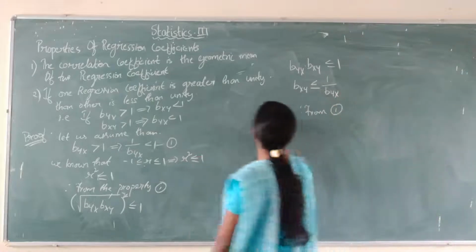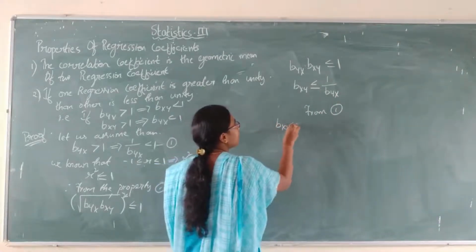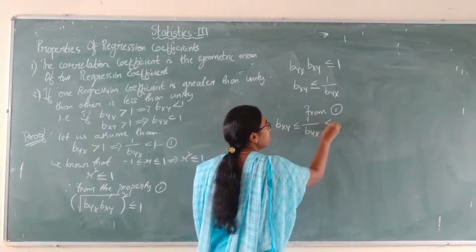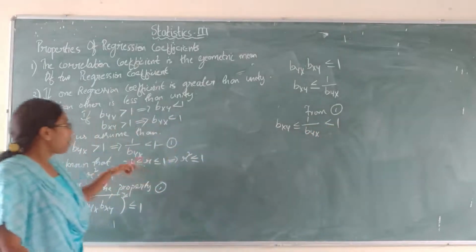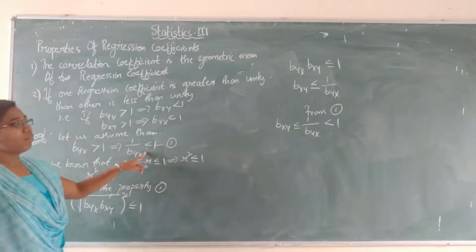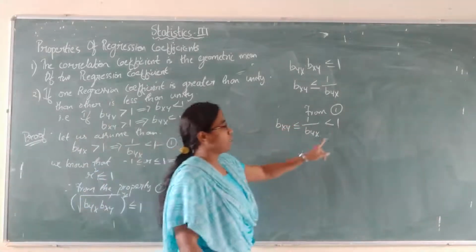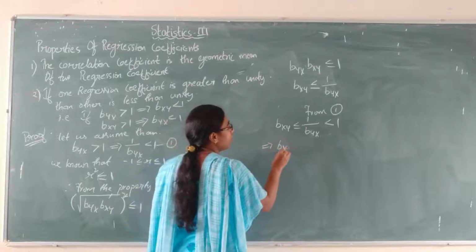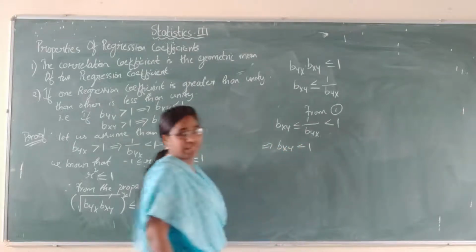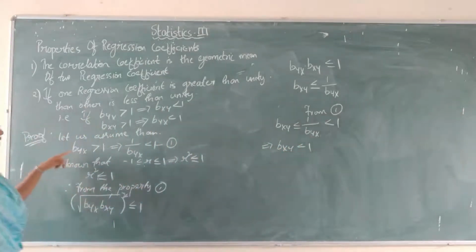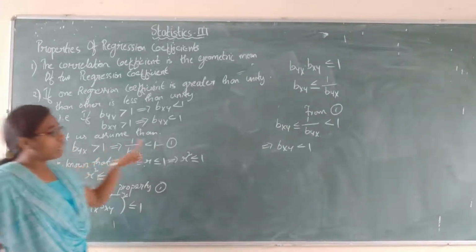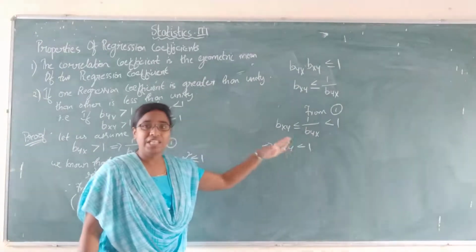So Bxy is less than or equal to 1 by Byx, which is less than 1. So using equation 1, we get that Bxy is less than 1. What we considered in the starting was Byx greater than 1, and we got that Bxy is less than 1.